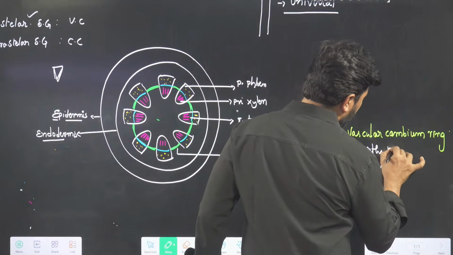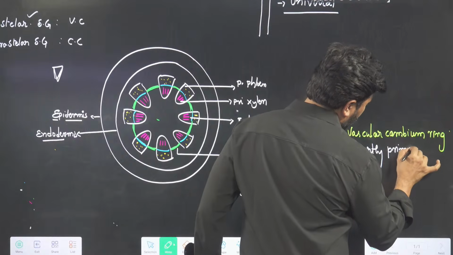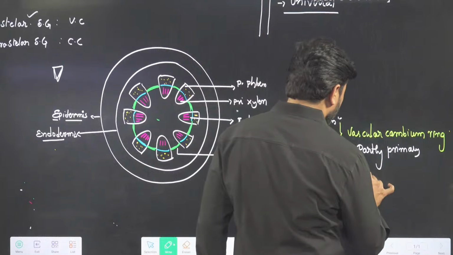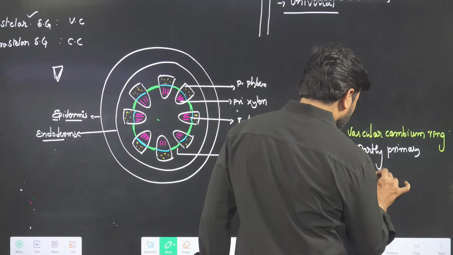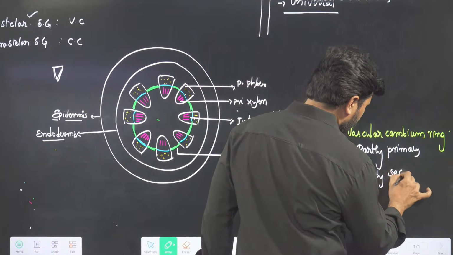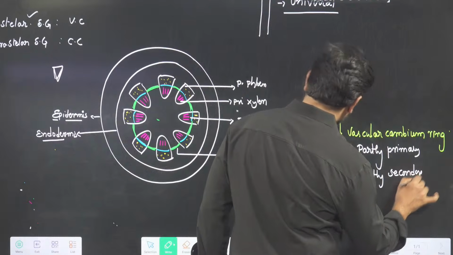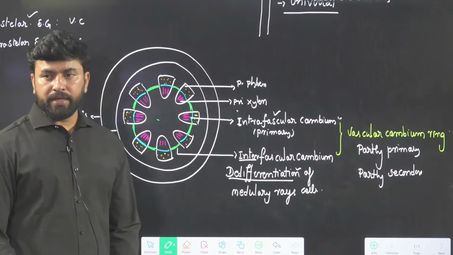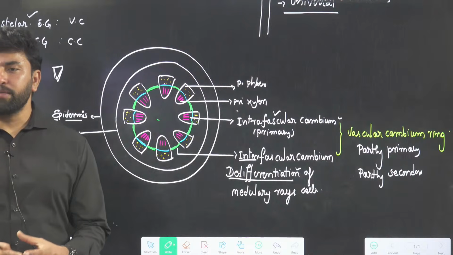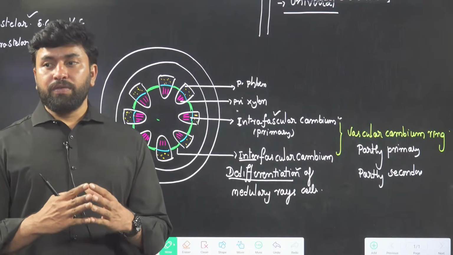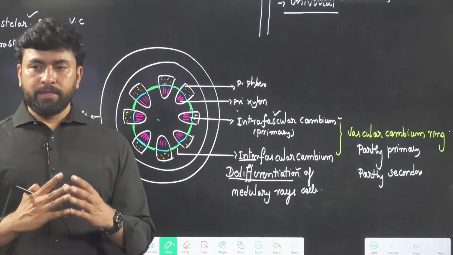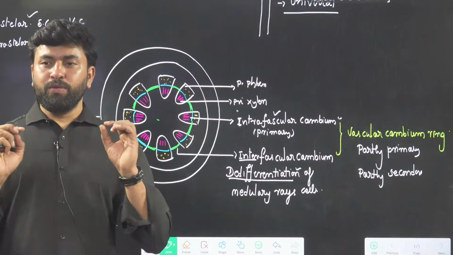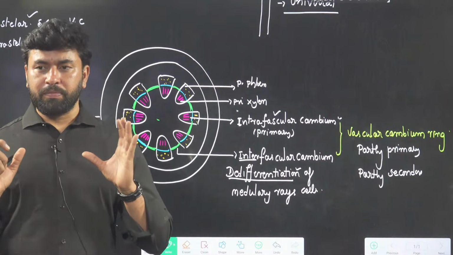The part that is primary is intrafascicular cambium, and it is partly secondary in origin because interfascicular cambium is secondary. Okay, successfully there has been formation of a vascular cambium ring. Some part is primary, some part is secondary.